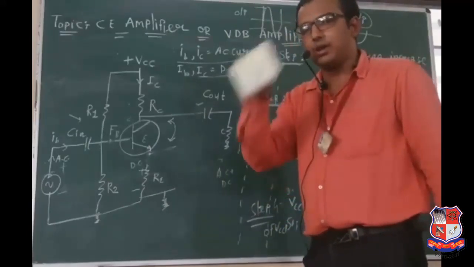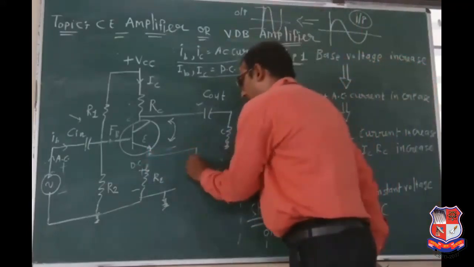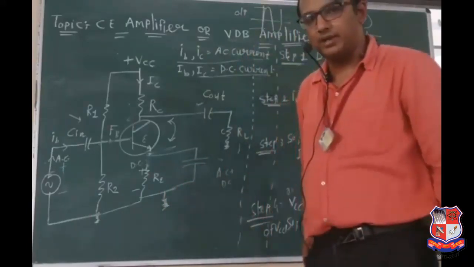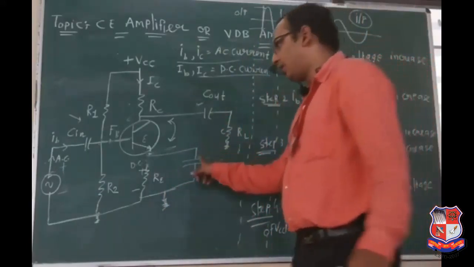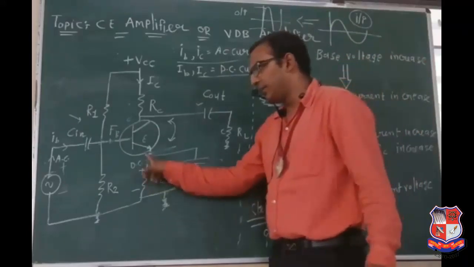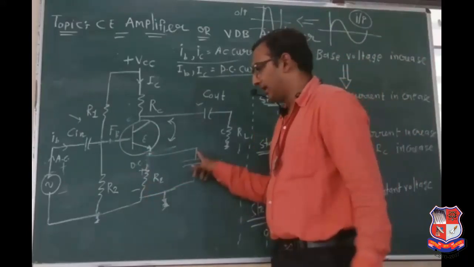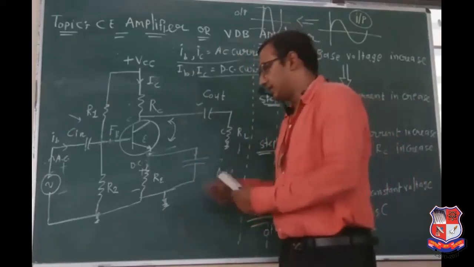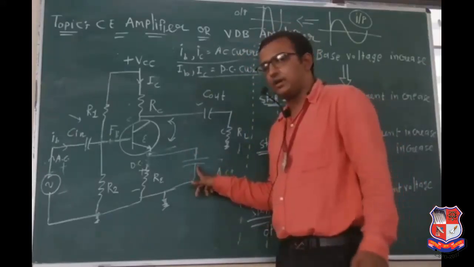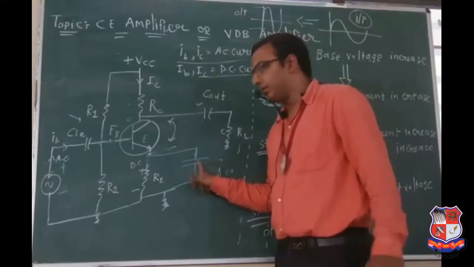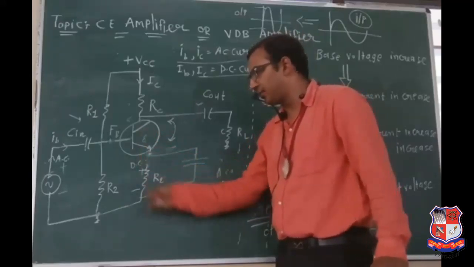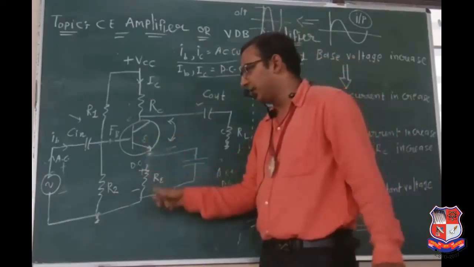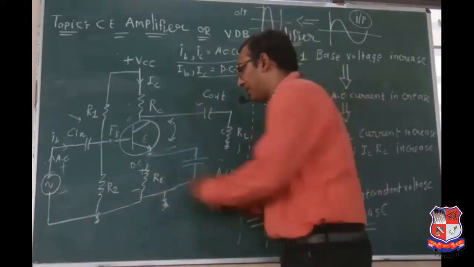But if we put a capacitor here, then only the DC component passes through this resistor path and the AC component passes through the capacitor. The AC signal can pass through the capacitor, and the DC component passes from here.